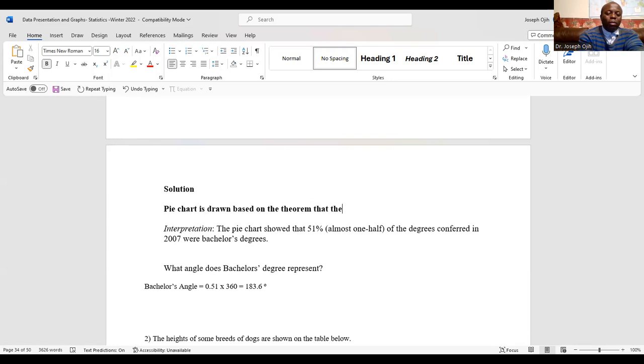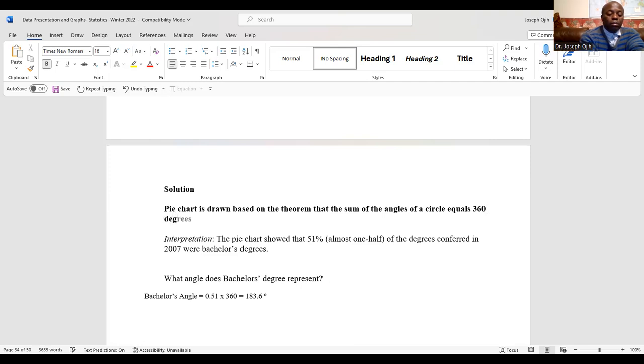The sum of the angles of a circle equals 360 degrees. So that is the principle it's based on.